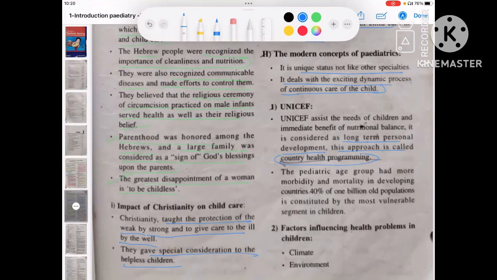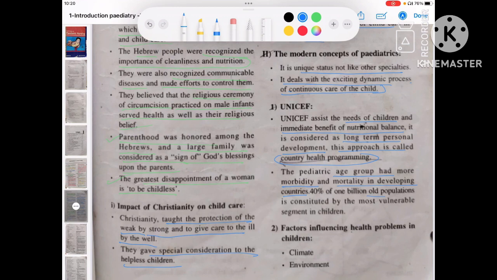UNICEF gathers together and assists the needs of the children who need care. And the pediatric age group has more morbidity and mortality in developing countries.